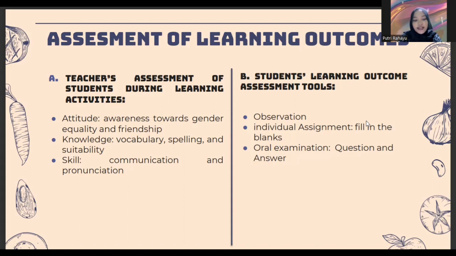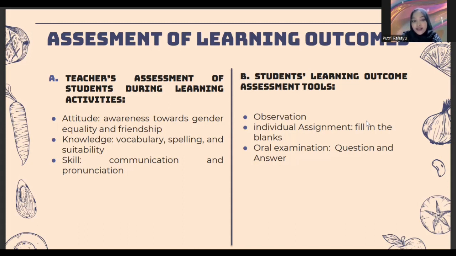The teacher assesses students' attitude towards gender equality and providing equal speaking opportunities to all their classmates regardless of their gender. And then the second attitude to assess is friendship. In this lesson plan, there is an activity to exchange opinions about food. So the teacher will assess students' attitude in respecting their classmates' opinions.